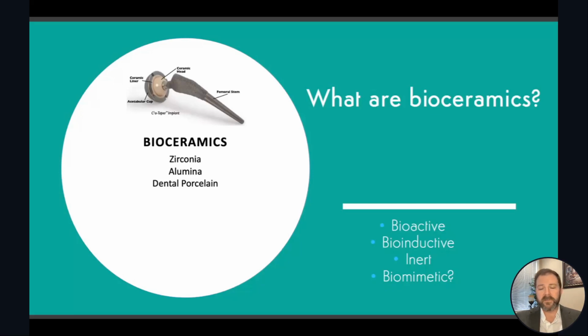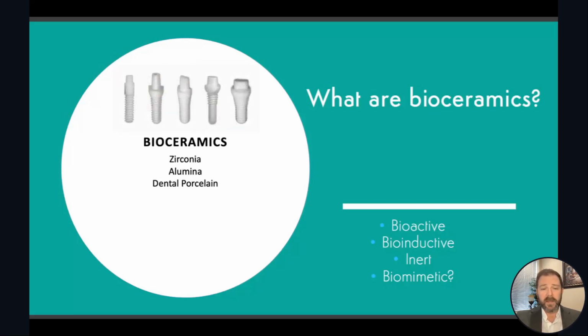So we need bioactivity to allow osseointegration and allow this to become a true part of the body that functions on a daily basis. And they're also used in dental implants, not only the restoration on the coronal surface, but also bioceramic zirconia implants, root replacements, and abutments. And so we're seeing these types of things be integrated all over the dental environment.